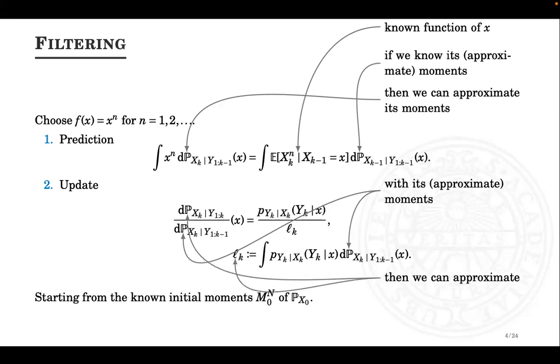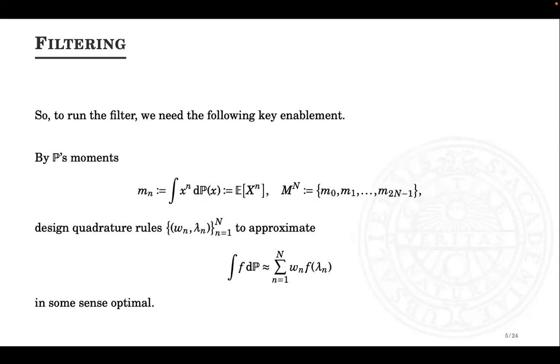Then it is clear now that to run such a filter, we need the following. Essentially, suppose we have some distribution P. We know some moments of this probability measure, M_n, but we don't know the complete information of the measure.